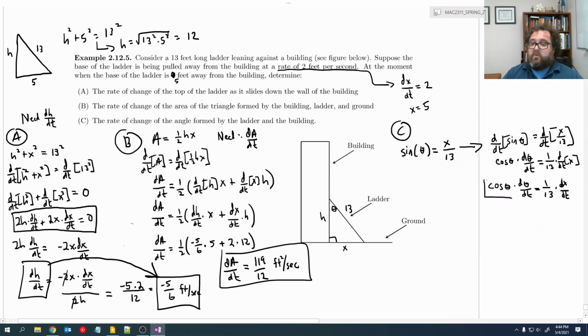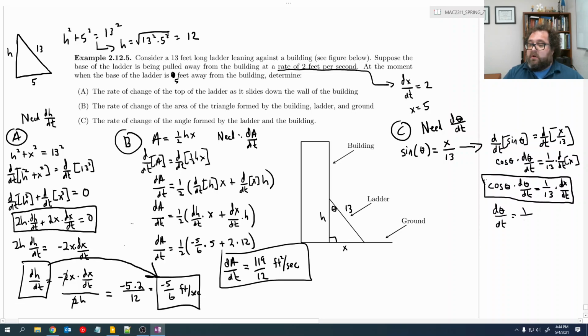Okay, so now we can plug in the known values and solve for the unknown values. So we want the rate of change of the angle, so we need d theta dt. So I'm going to divide both sides by cosine theta to solve for d theta dt.